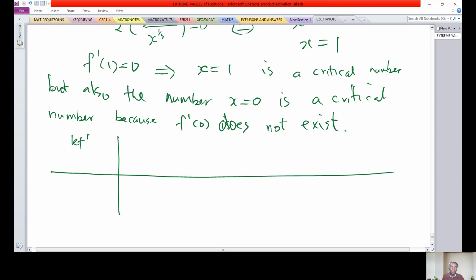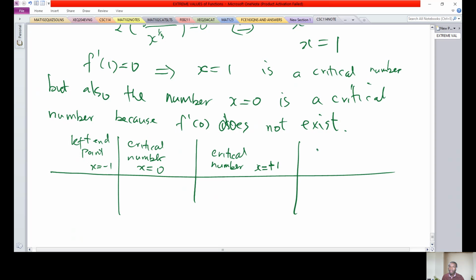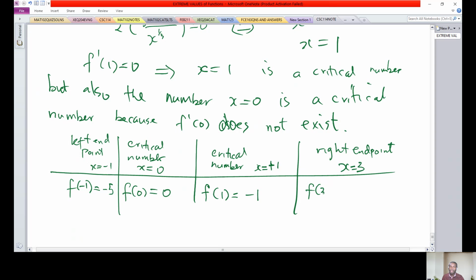I have to test the left endpoint x equals -1, critical number x equals 0, another critical number x equals 1, and then the right endpoint x equals 3. f at -1 gives us -5. f at 0 gives us 0. f at 1 gives us -1. f at 3 gives us 6 minus 3 times the cube root of 9, which is roughly -0.24.